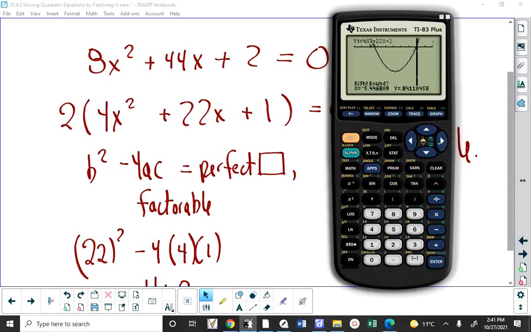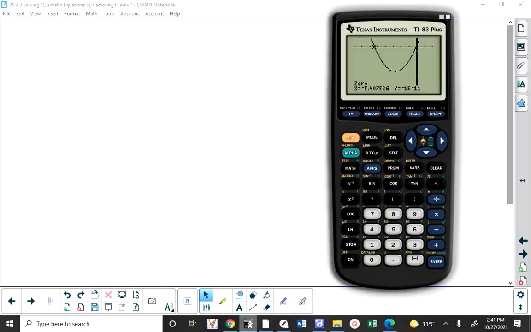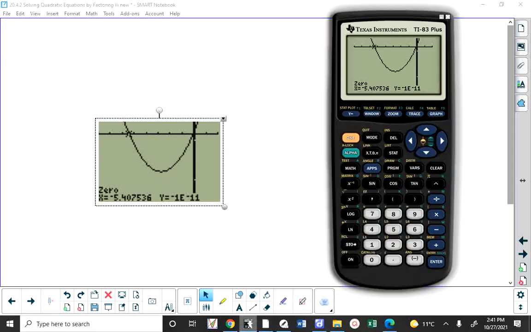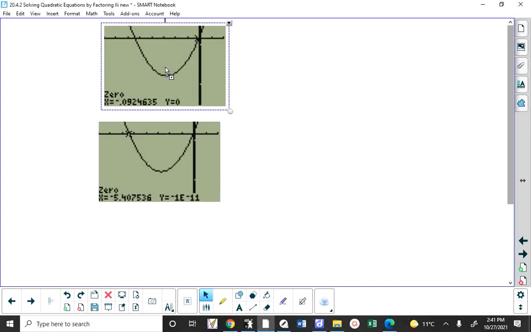Enter, go to the right. Enter a third time. One of the answers is about -5.4 something. The other one is about negative 0.09.